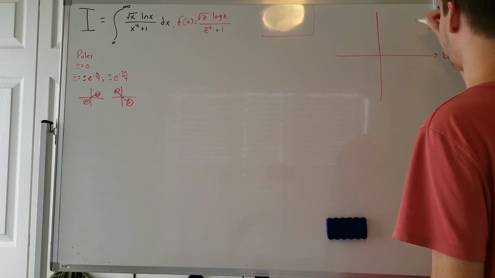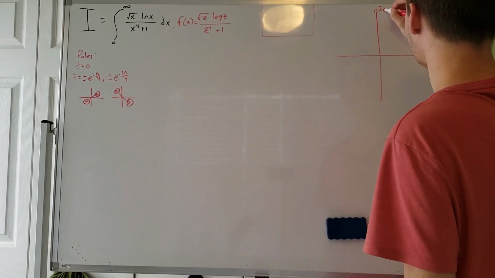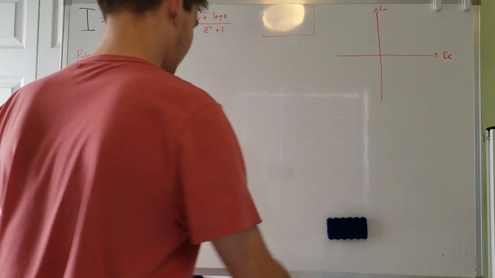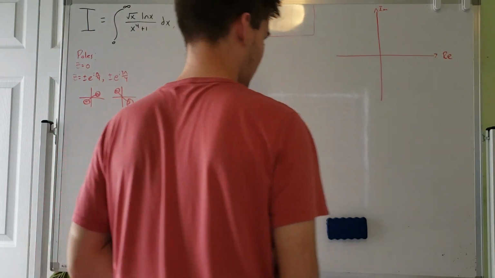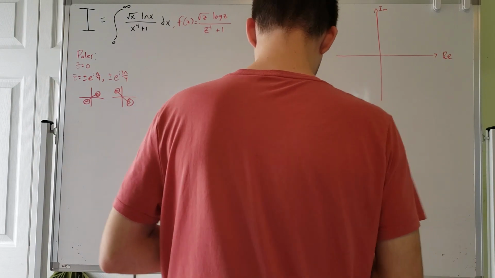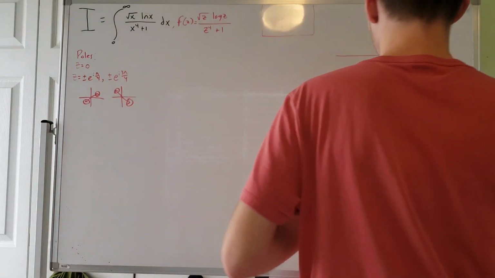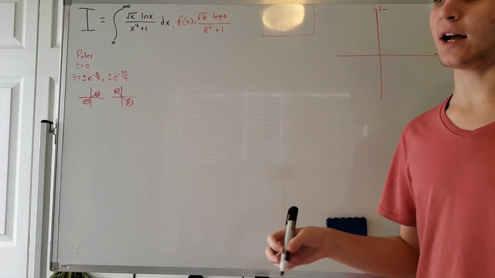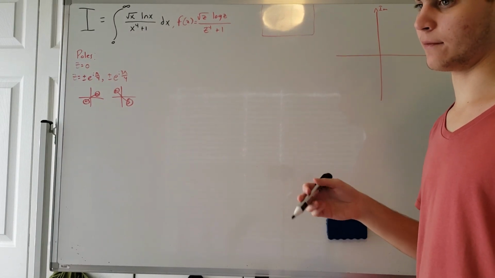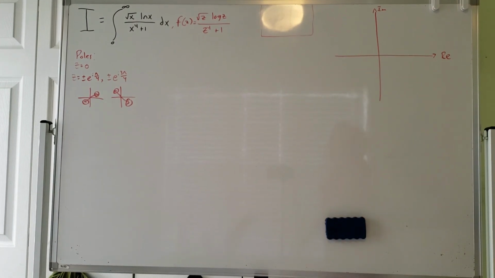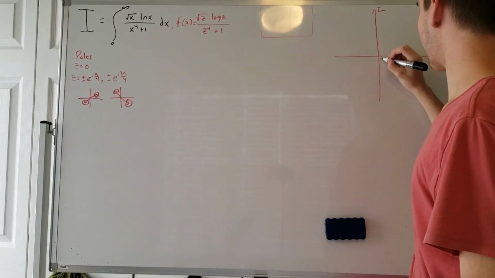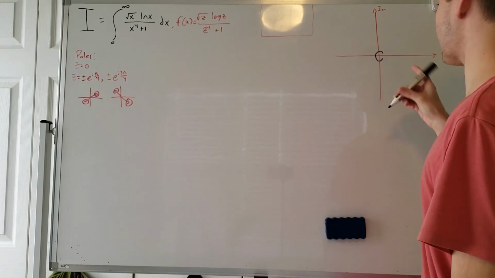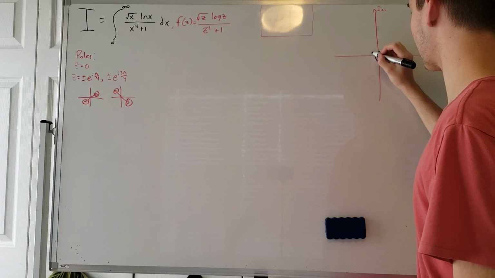Okay, so this is what we're going to do. I can use black. So, if we want to dodge 0, that means we cannot hit it. We cannot enclose it either inside of our contour. So, what we're going to do is we're going to have a little circle that has a radius epsilon.